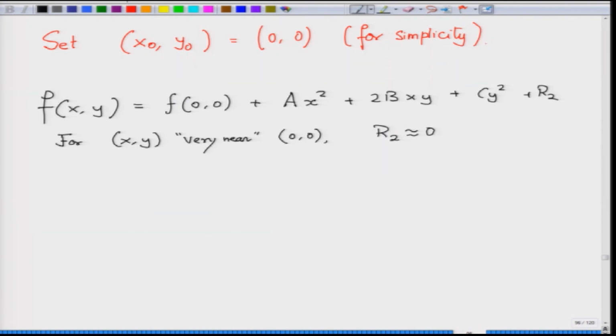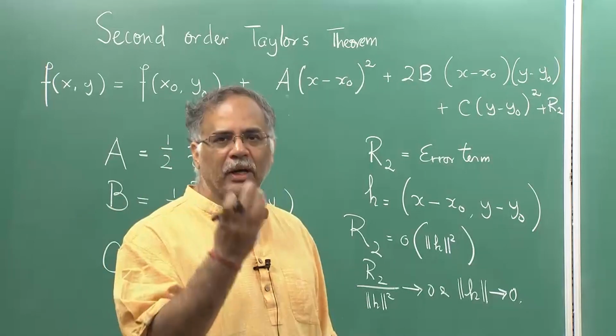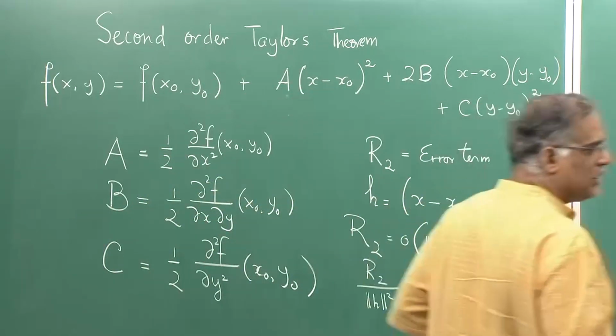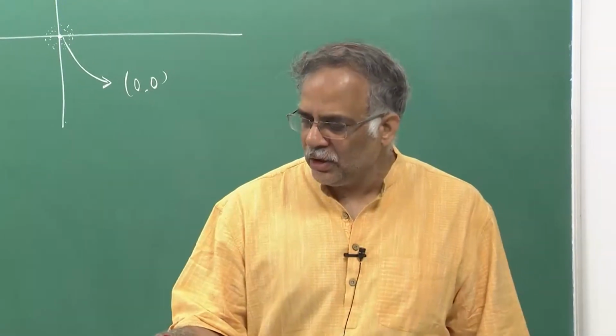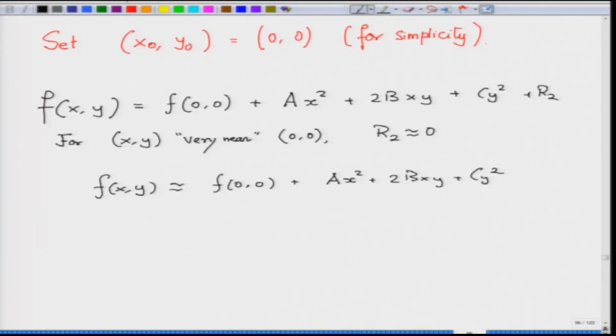Then f x y can have an approximation, they are almost the same. So, when x y is very near 0 0, the functional value is very well evaluated by its quadratic approximation. This part is called the quadratic approximation of f around 0 0.